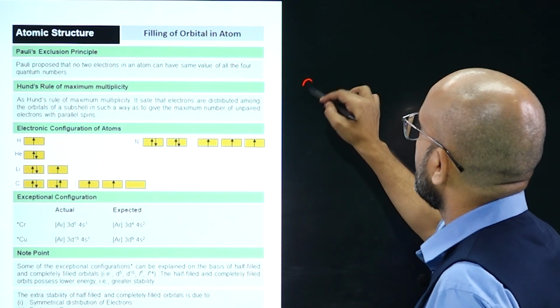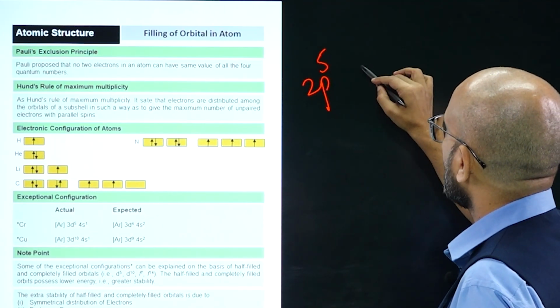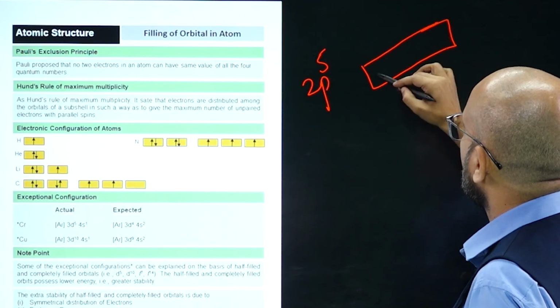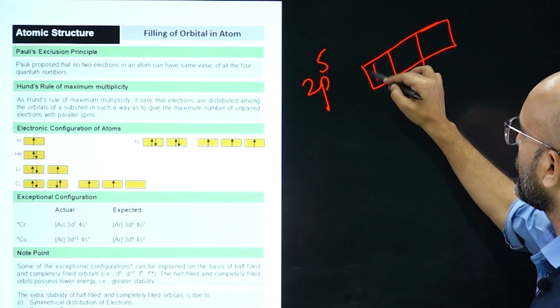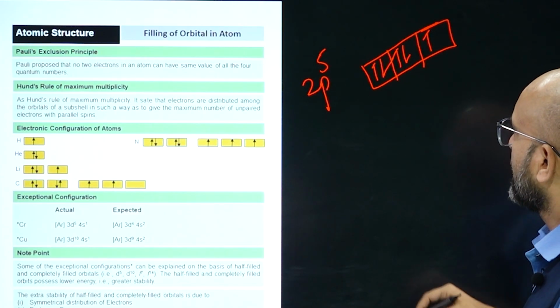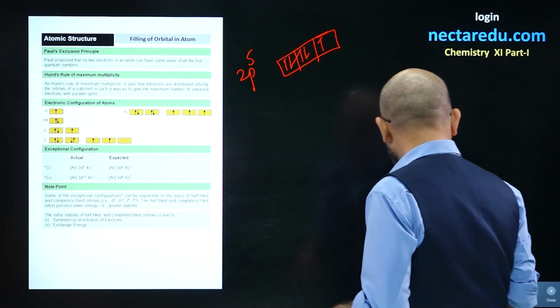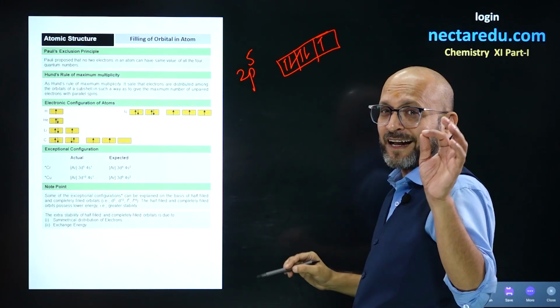If we have a configuration 2p5, what are the possibilities for how you can arrange it? The 2p subshell has three orbitals. You could put two, two, and one like this, but this is not the right way.